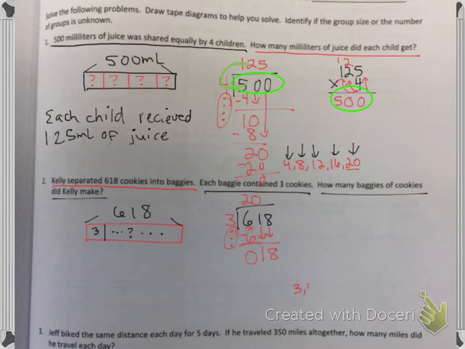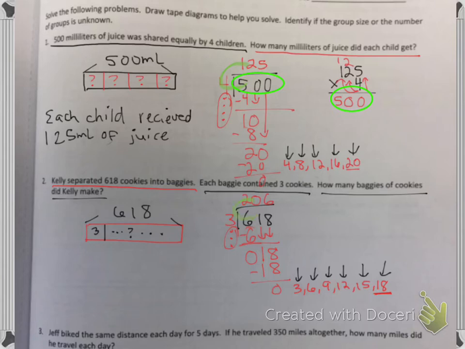So 3, 6, 9, 12, 15, and 18. Perfect. How many groups is that? 1, 2, 3, 4, 5, and 6. So we got 6 groups. We're going to subtract 18 because that's what I got to, right? It's a perfect amount. We got 0. So 206. But let's double check.